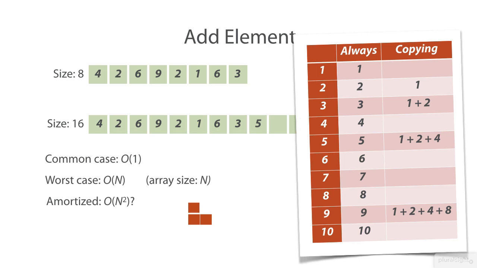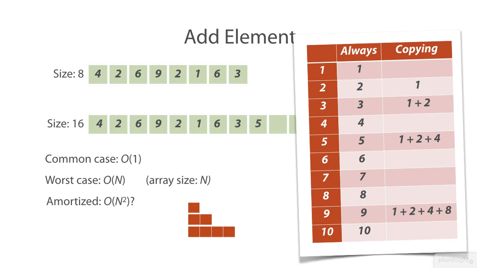Sadly, when the third element arrives, the array is full again. So we double the capacity, copy the 2 elements from the previous array, and insert the third element. That was 3 element insertions in total, and 3 element copyings, namely the first, single one, and the 2 we just did.